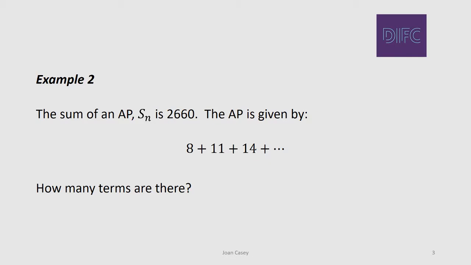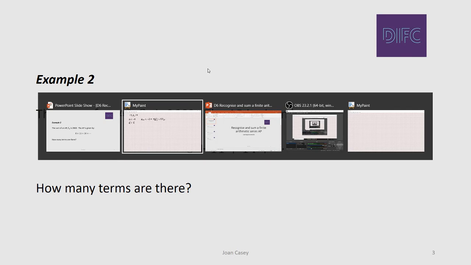Example 2. We're told that the sum of the AP, SN, is 2,660 and the AP is given by 8 plus 11 plus 14, and we're asked to find how many terms are there. Okay, so let's take a look at this example. We're told the sum SN is 2,660, and we're given the AP 8, 11, 14, which we're summing.